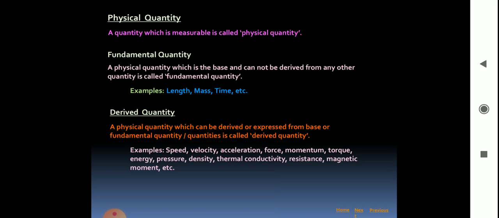The fundamental quantities are base quantities, a physical quantity which is a base and cannot be derived from any other quantities. Derived quantity, a physical quantity which can be derived from a base or fundamental quantities is called derived quantity.